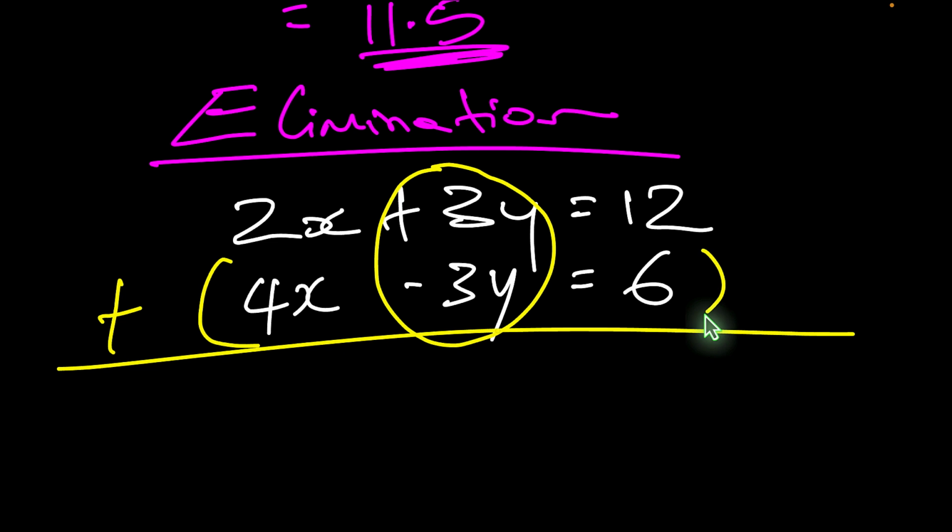So we'll end up with 2x plus 4x, which leaves us with 6x. And then 3y plus minus 3y is actually 0. So we have eliminated the y's, which is why it's called the elimination method. And then we end up with 12 plus 6, which is 18.